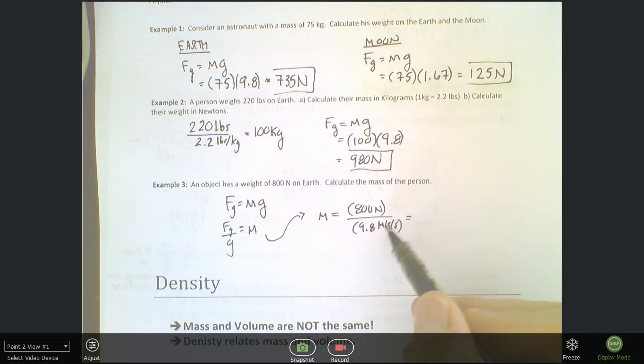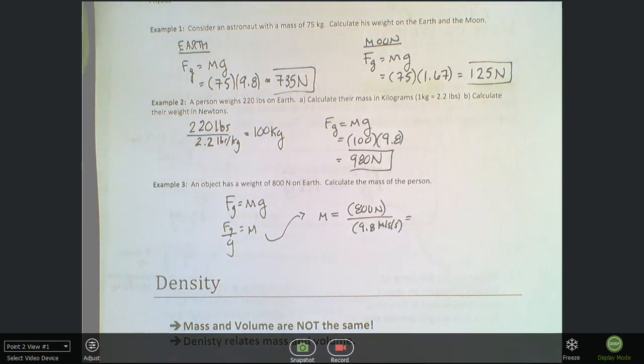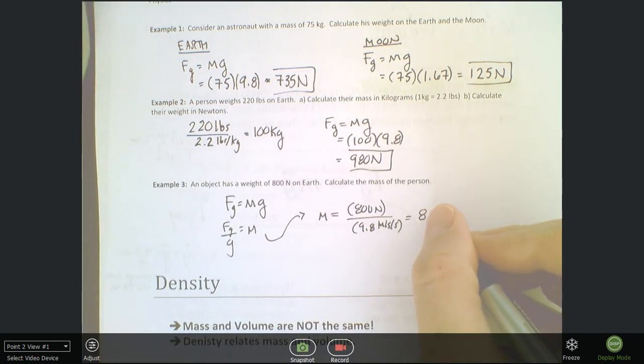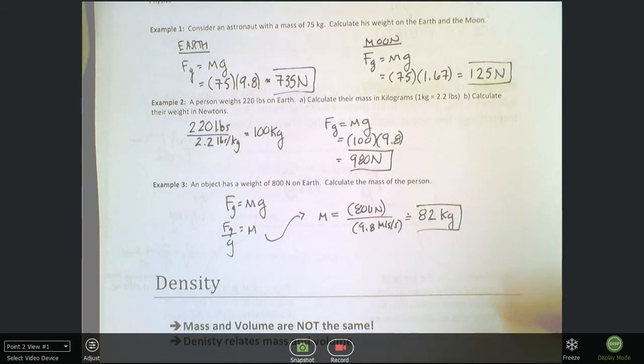So the meters per second divide out and you're left with kilograms. So 800 divided by 9.8, you're almost dividing by 10. So you know it's going to be just a little more than 80. And it's about 82 or 81.6, about 82 kilograms. All right. So that's how you can go between the two of them.